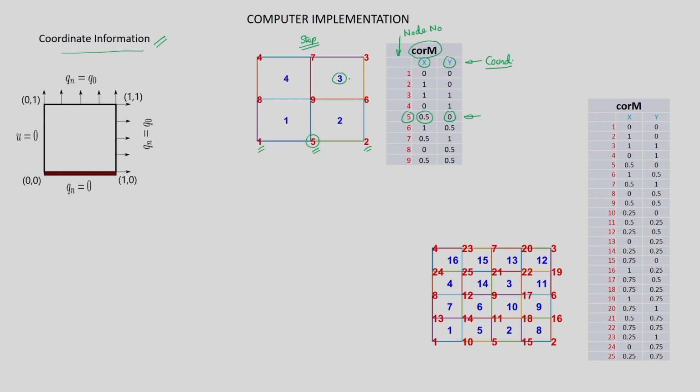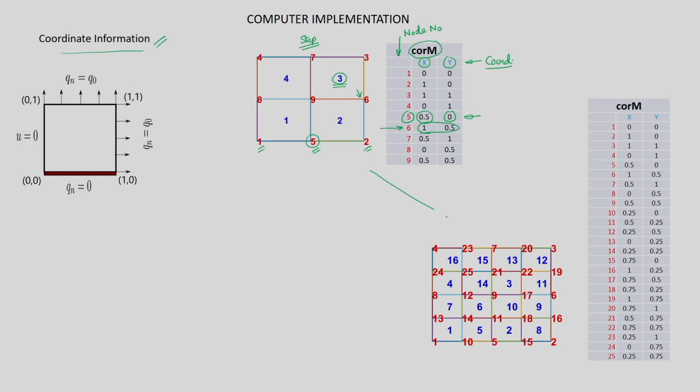So, what we will do, we will go to the connectivity matrix first and take the third row, because that corresponds to the third element, and go to the second column of the connectivity matrix. So, that will give the corresponding global node as 6, and from the coordinate matrix I will go to the sixth row and obtain the x and y coordinates. So, that is how we will find out the coordinates, alright.